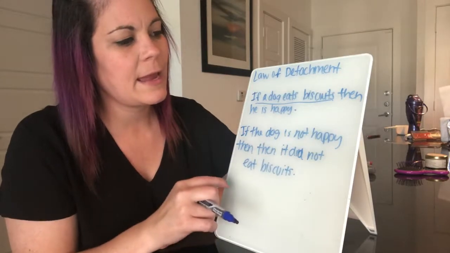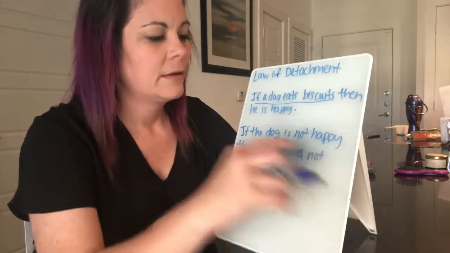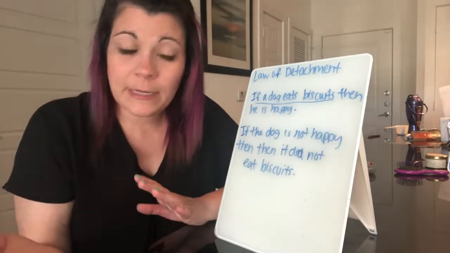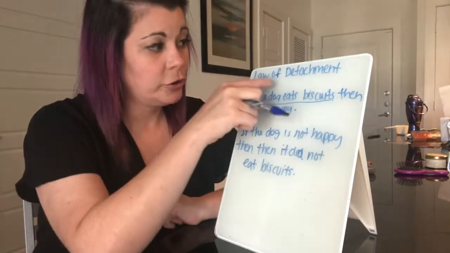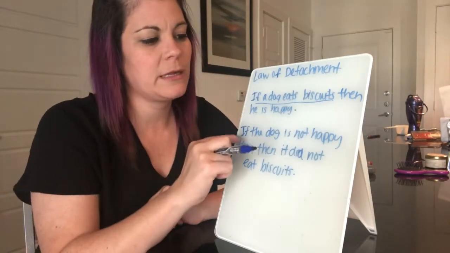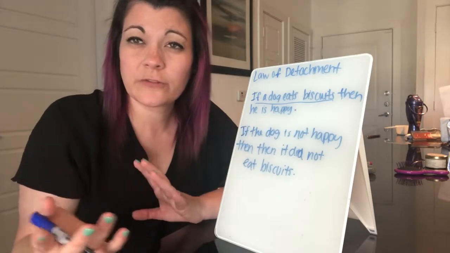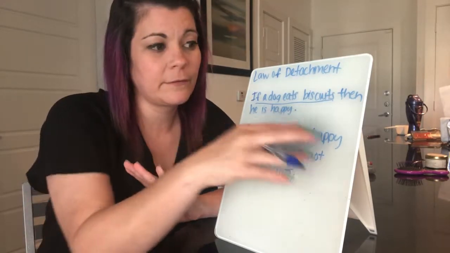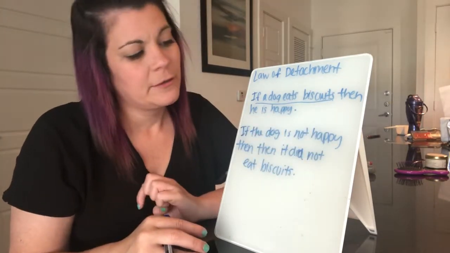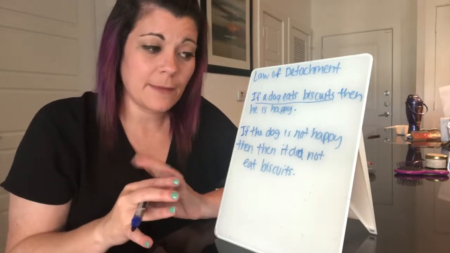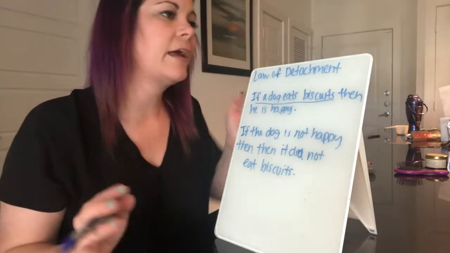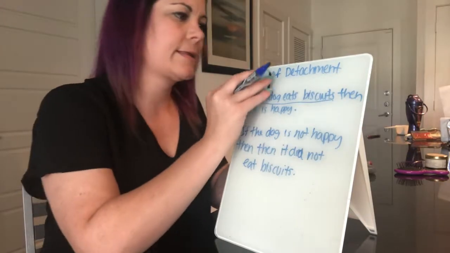So if we say the dog is not happy, that is the hypothesis. Using the law of detachment, we can conclude that the conclusion is correct too, since we said the hypothesis. So we can conclude that since he is not happy, he didn't eat biscuits. So that is what the law of detachment says.